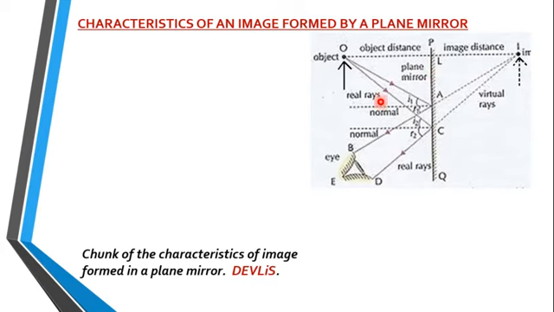In front of the plane mirror is placed an object, and two rays, for the sake of simplicity, are drawn from the object, and these rays, as you remember, are called incident rays. So they hit the surface at these two points called the point of incidence, and then are reflected in this direction.